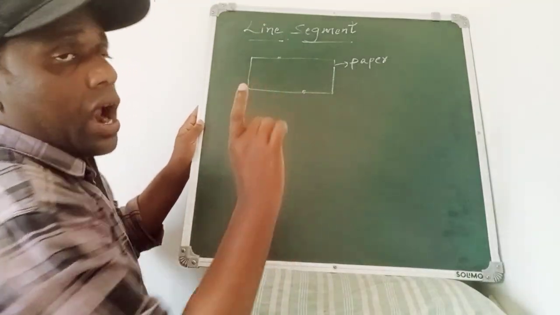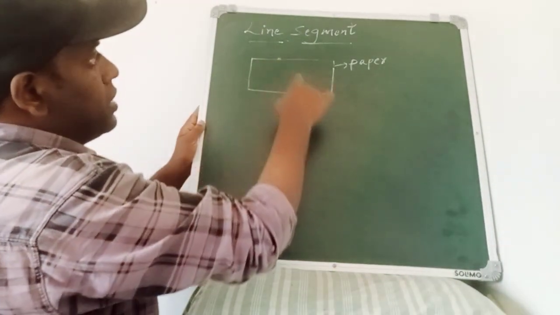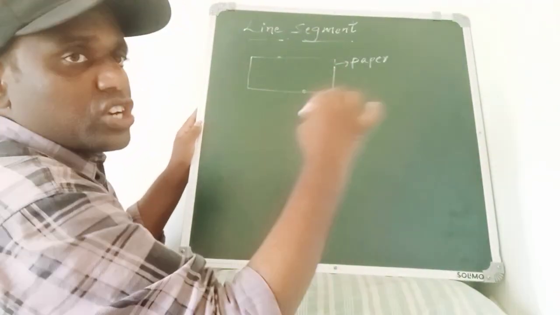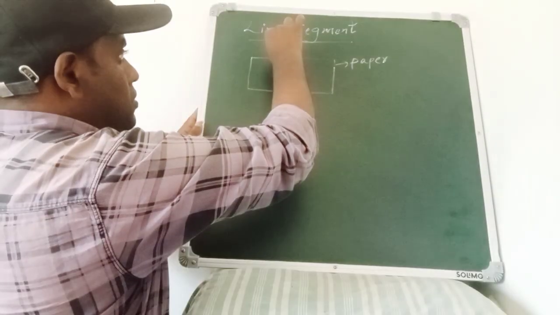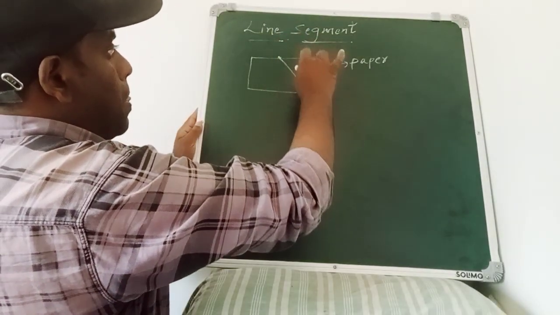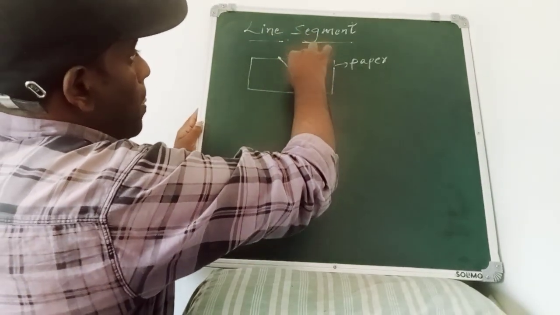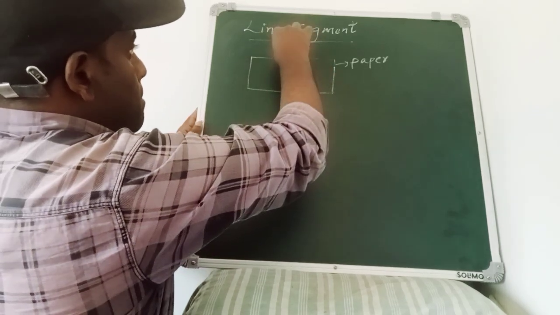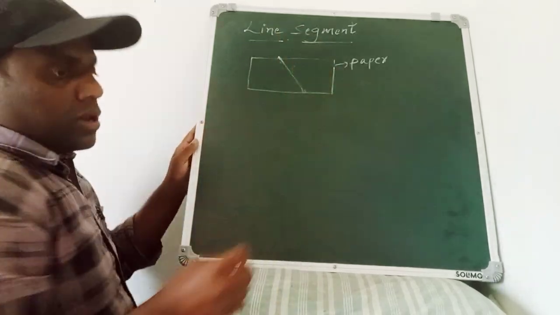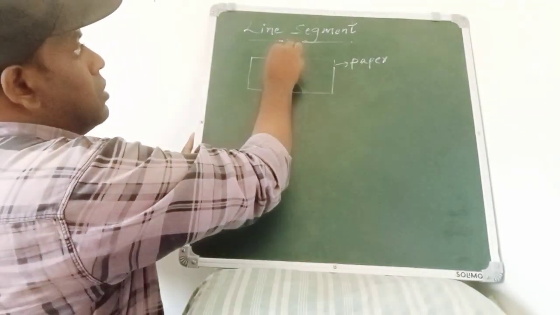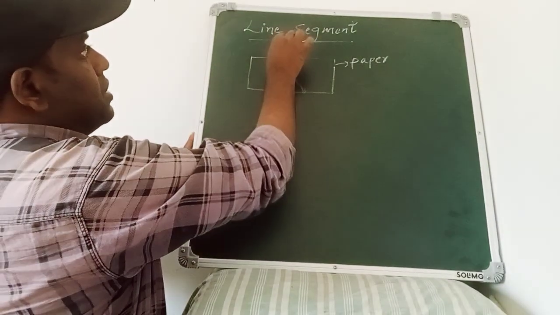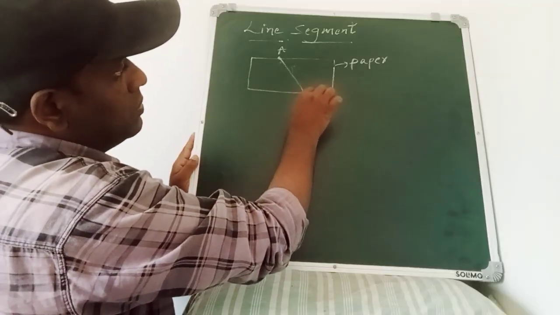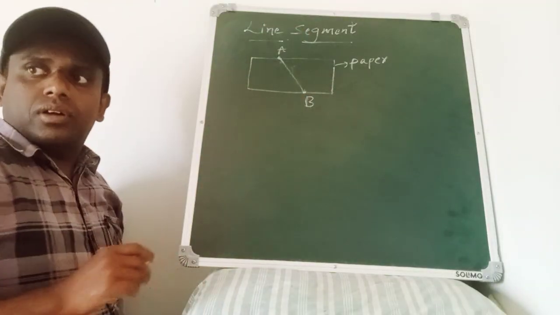Now I will join this point and this point with a straight line like this. Now I will mark this point as A. I will mark this point as B.